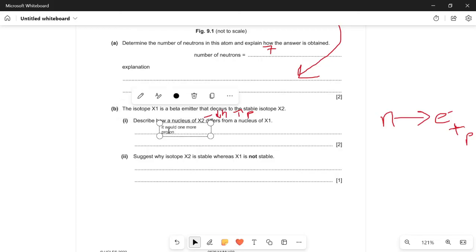We're talking about isotope X2, and it would have one more proton and one less neutron.